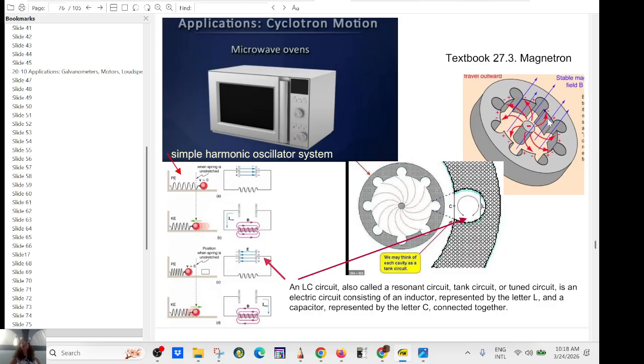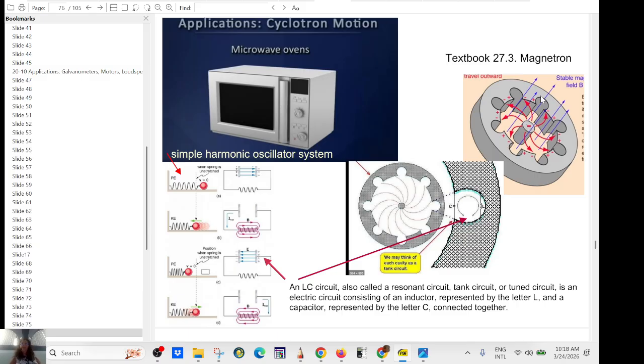They accelerate, so you use an electric field to accelerate the electrons. But at the same time, inside the magnetron, you have a very strong magnet that produces this magnetic field.